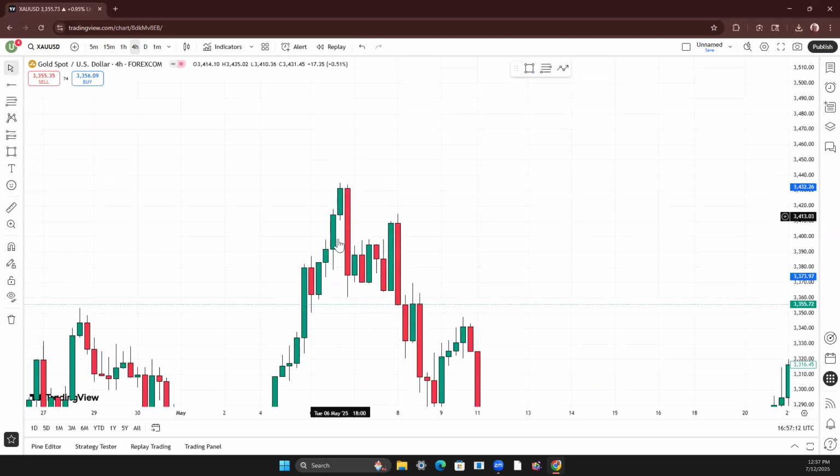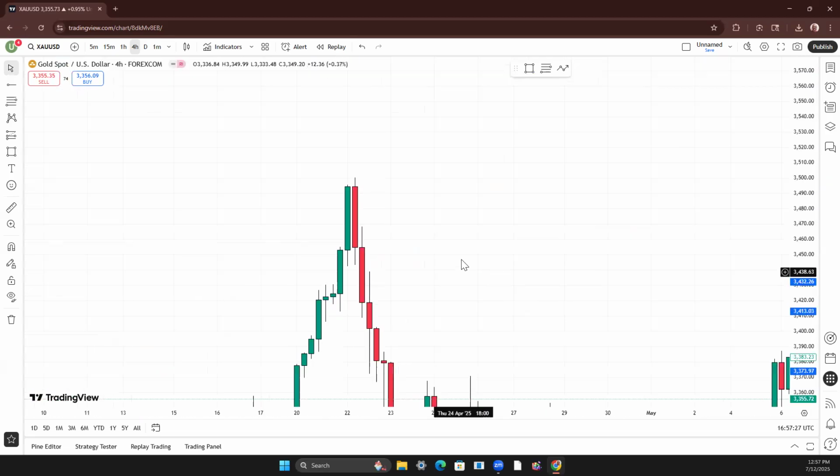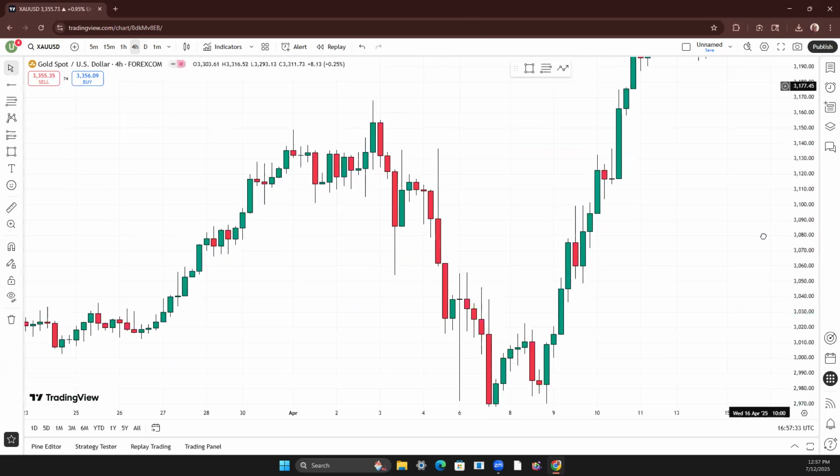Here's another one. I'm going to box these two candles. I'm going to put a line underneath the green candle. We're going to continue to backtest this. That's a tweezer top, so that doesn't qualify, although it could.